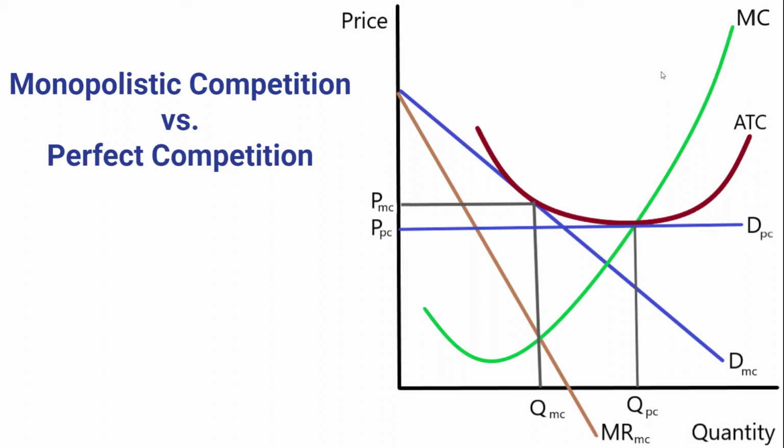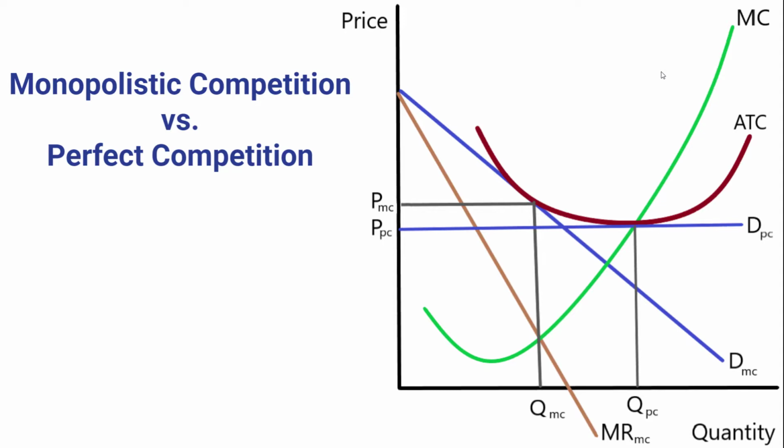There's a couple things we can note about this. One is that a monopolistically competitive firm charges a higher price and produces less output. And there are some efficiency costs associated with this. One is that because a monopolistically competitive firm produces at the quantity Q sub MC, it's not at the lowest point on either a short-run or a long-run average cost curve.